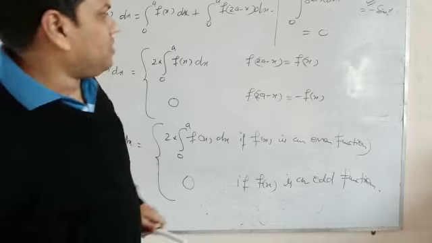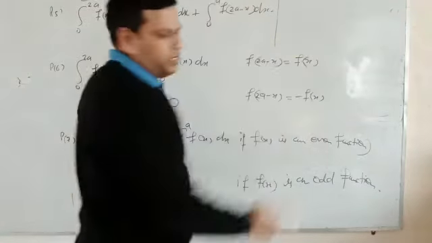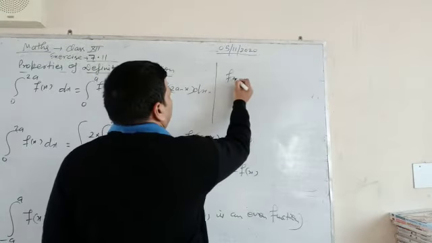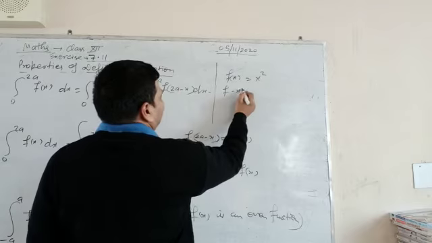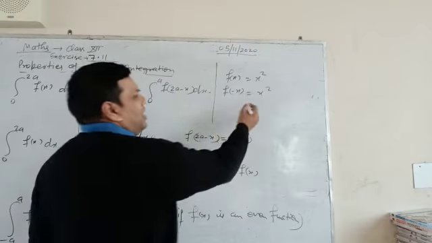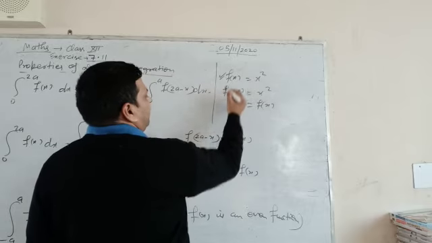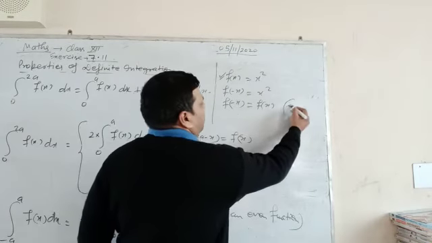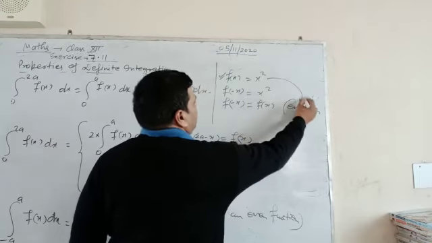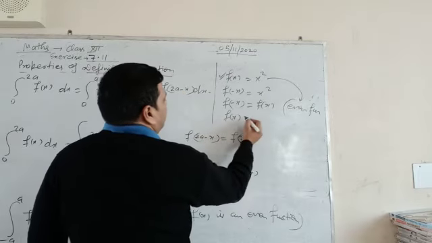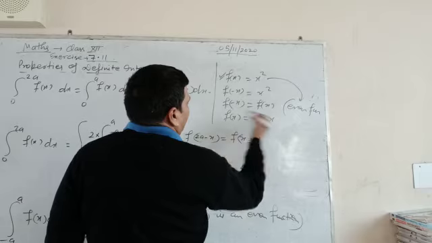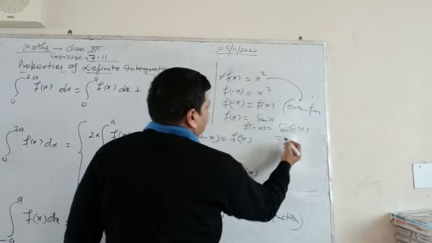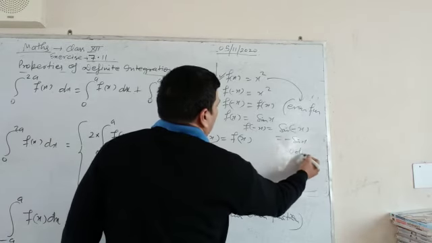I can explain what an even function is. If f(x) equals x square and you put minus x there, you still get x square, that is f(x). So if we have f(minus x) equals f(x), that is called an even function, right? But if we have sin x and we put minus x there, we get minus sin x, so it will be an odd function.